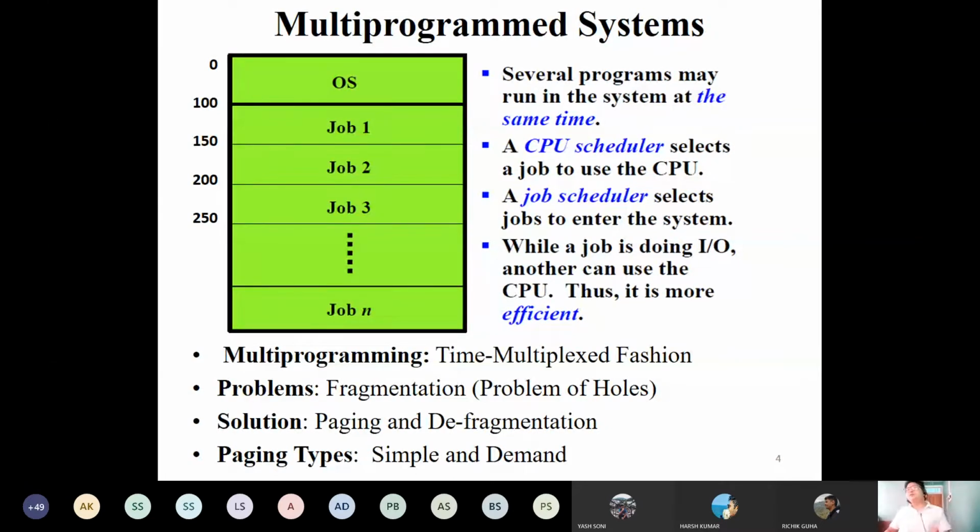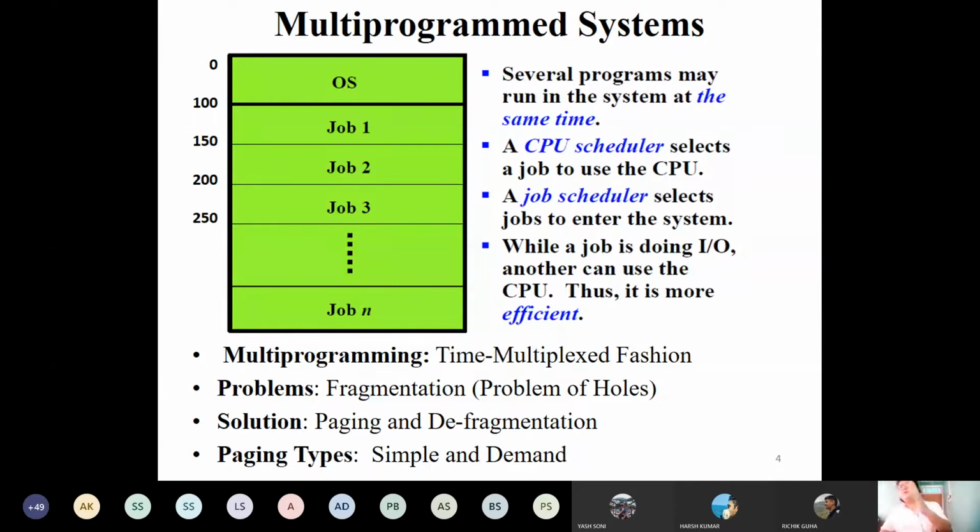In case of batch OS, the job scheduler was selecting only one job or one batch at a time. Whereas in multi-programmed OS, initially it will select based on the number of partitions, and later on it will select based on the number of free partitions available for executing the user program.